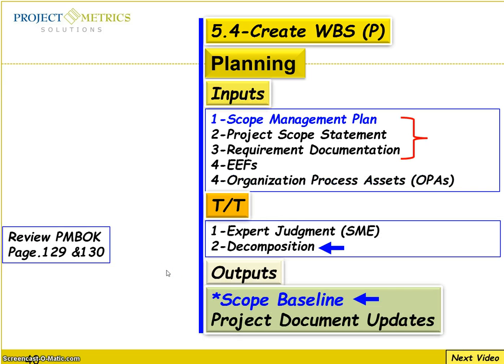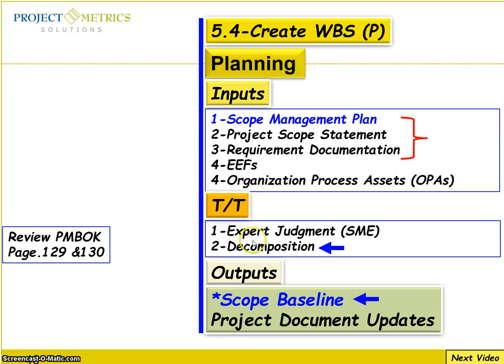So you find here the scope management plan as input, the project scope statement, requirement documentation, and enterprise environmental factors, which are related to the market and the regulation of the government, and you find organizational process assets, which deal with the policy and the processes.